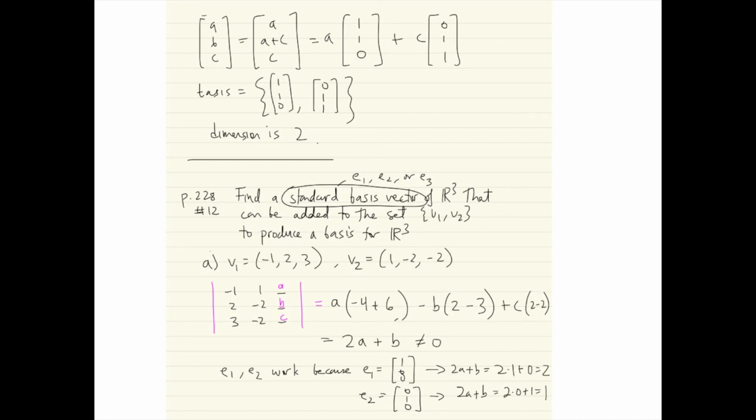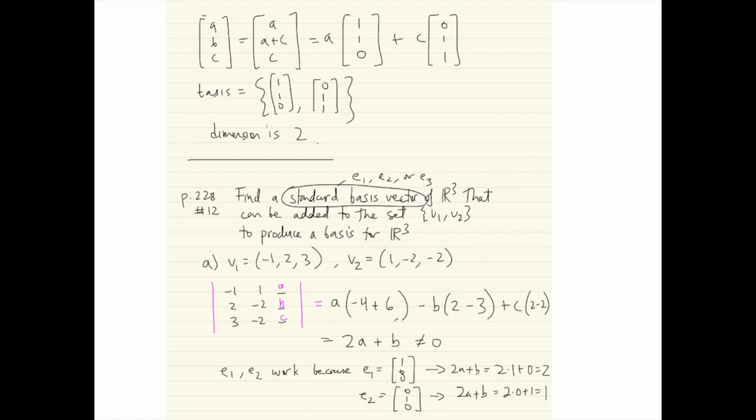Okay, and so then when we simplify this, we get 2A plus B is the determinant of this matrix, and we want to find A and B such that this sum here, 2A plus B, is non-zero, and where A, B, and C come from one of these standard basis vectors.